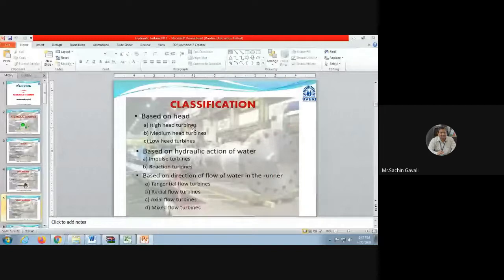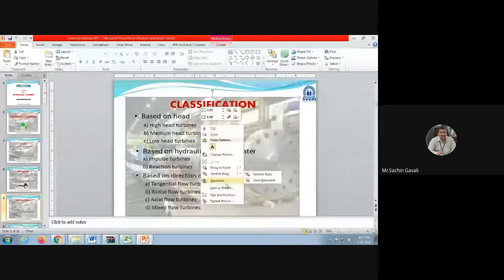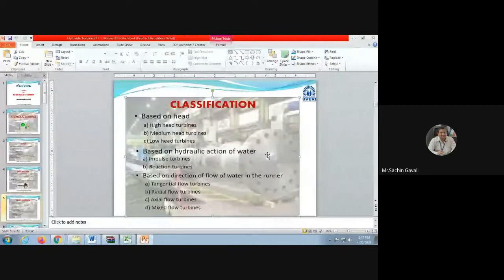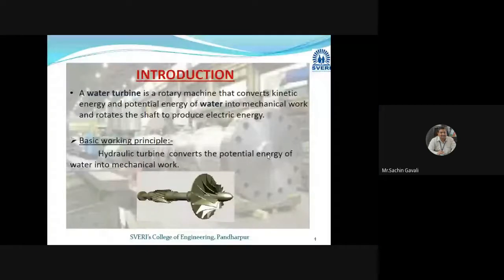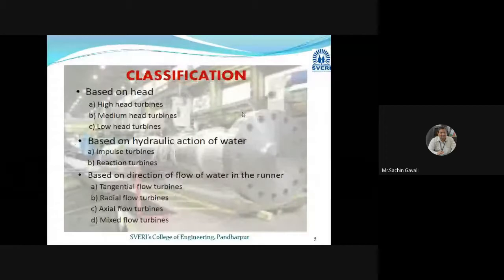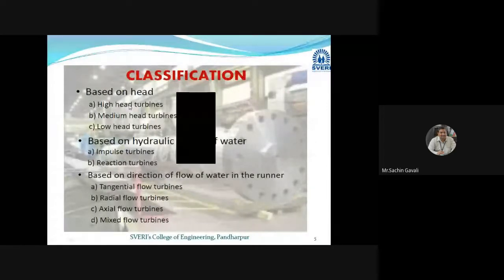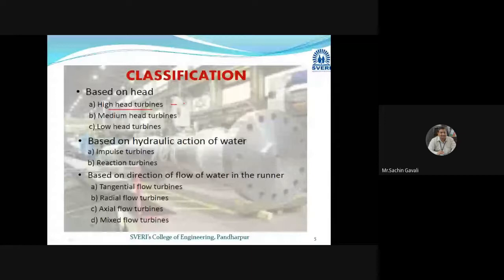The Pelton turbine is one of the high head turbines. Pelton is the example of a high head turbine. We can call it a Pelton wheel or a Pelton turbine.